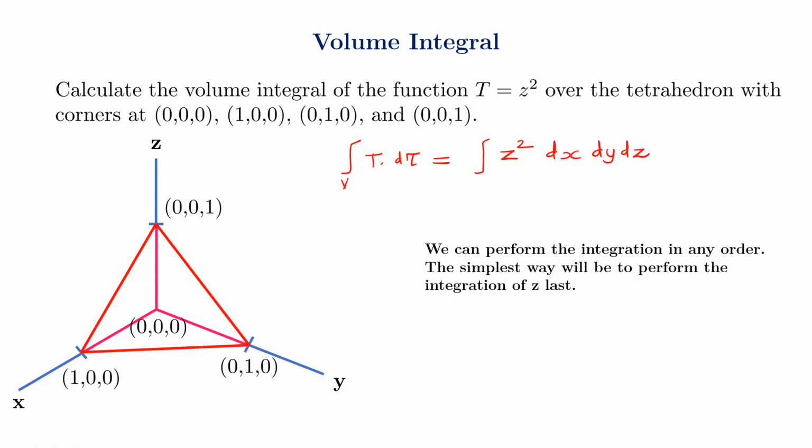We can perform the integration in any order, and the simplest way will be to perform the integration of z at the very last, so that this can be written as the integral of z square, integral dy, dz, and the inside integral is integral dx.